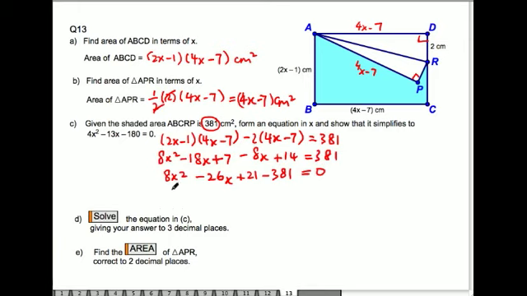We simplify it further. We will have 8x squared minus 26x minus 360 equals 0. Dividing by 2, we will have 4x squared minus 13x minus 180 equals 0, as shown.